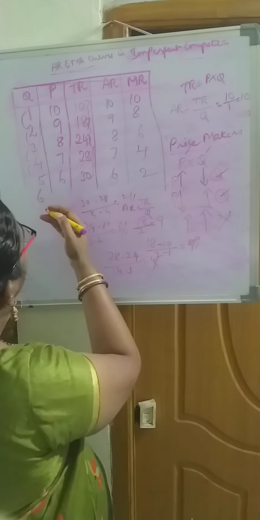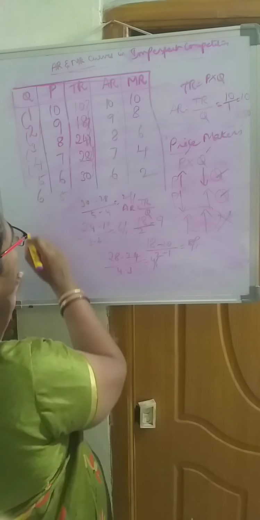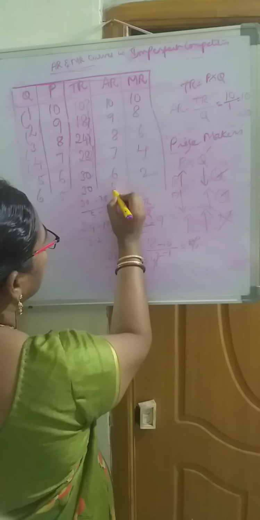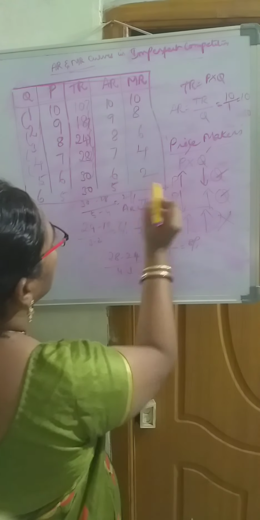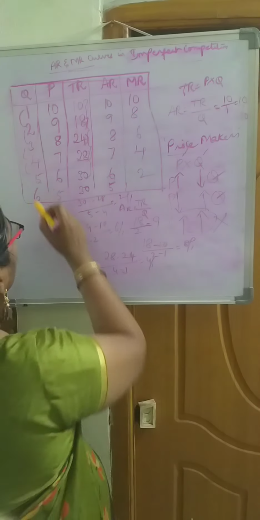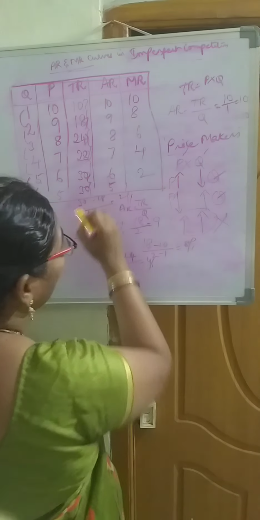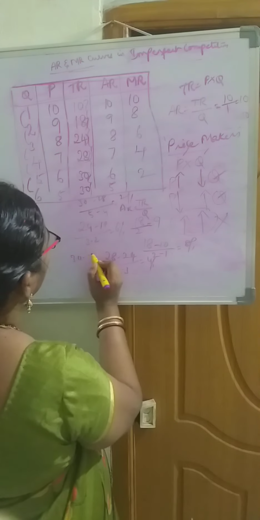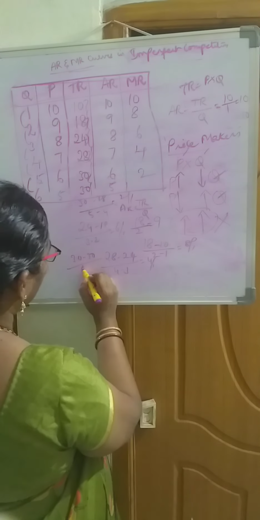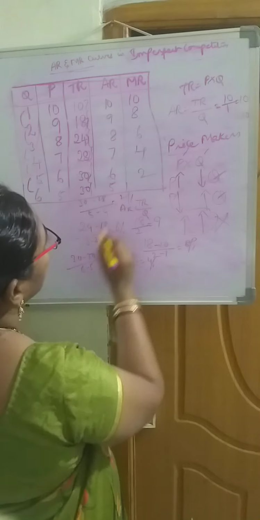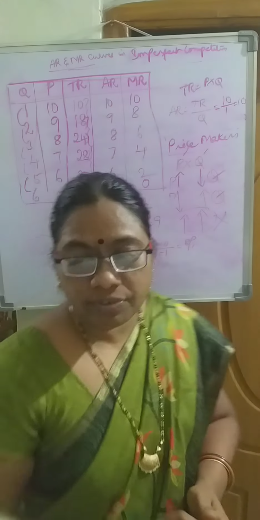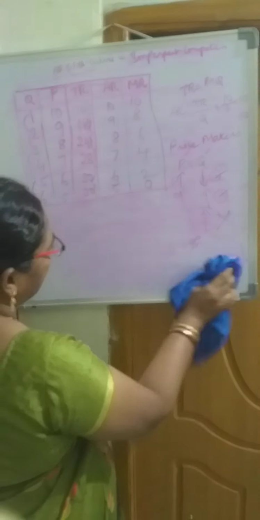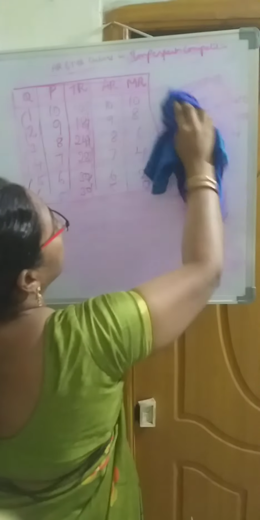Say again, sixth item, price 5 rupees, 30, 30 by 6, 5. Okay, here I will stop. By selling the sixth item, is there any additional amount he got? No. 30 minus 30 by 6 minus 5, that is equal to 0. Okay, now with the help of this table, we will draw the AR and MR curves.